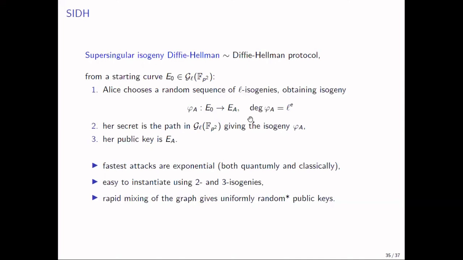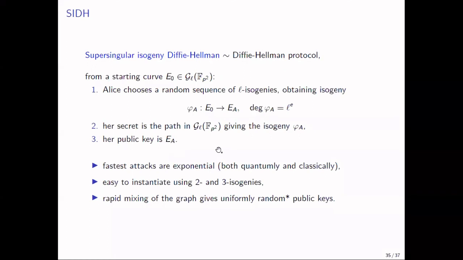And so in the end, if she composes these L isogenies, because degrees of rational maps multiply, the composition will be an isogeny of some large degree L to E. Okay, and so her secret will be the path in this isogeny graph that gave her the isogeny, and her public key is the endpoint curve.